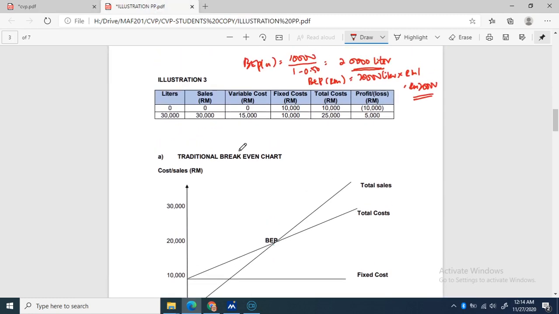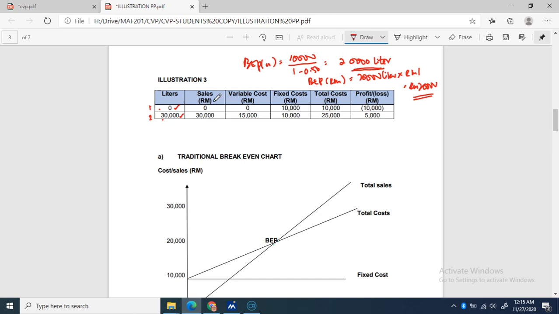Before we draw the graph, because the accountants' models have a linear graph, to draw the linear graph, that means the straight line, we should have only 2 points. So let's say we take 2 points. The first point is 0 liters, if the company does not produce anything, and the second point is at the sales unit of 30,000 liters. So we have 2 points here.